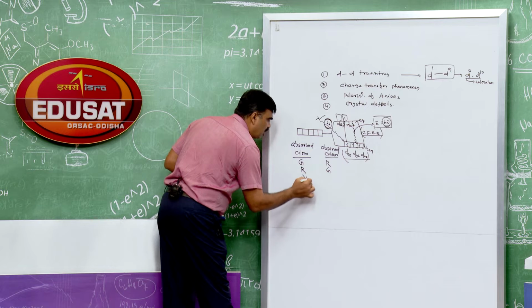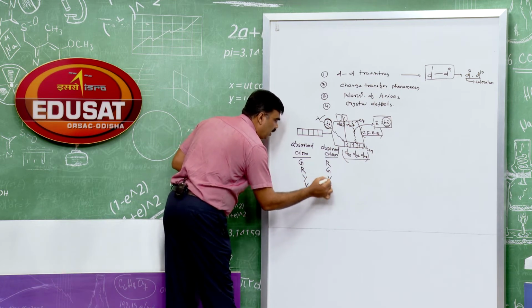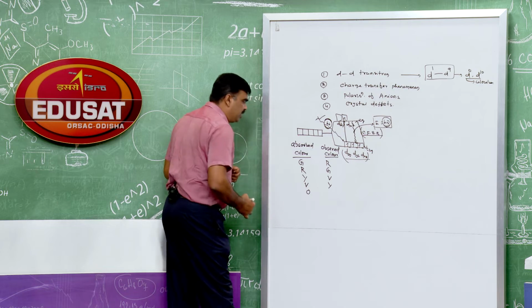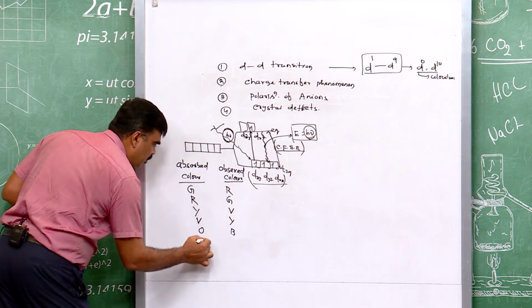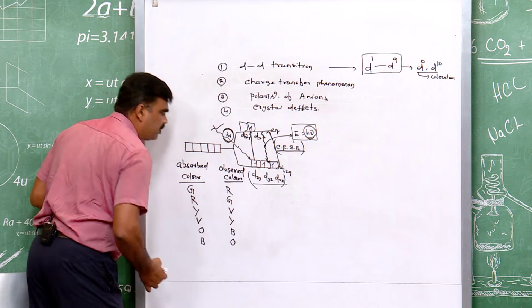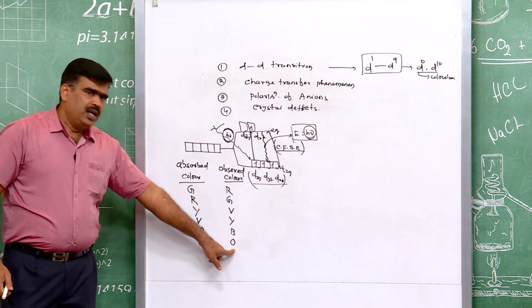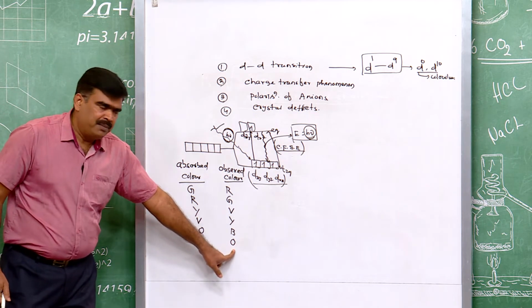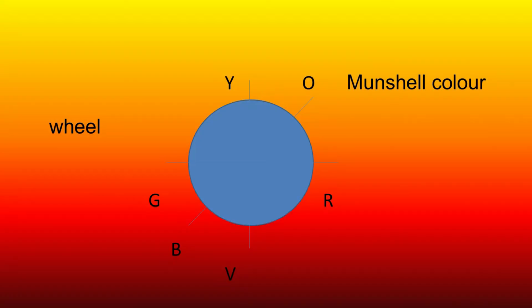If it absorbs yellow color, it will look violet. If it absorbs violet color, it will look yellow. If it absorbs orange color, it will look blue, and if it absorbs blue color, it will look orange. So, any orange colored substance emits orange color, which means it absorbs blue color. So, this is a d-d transition.